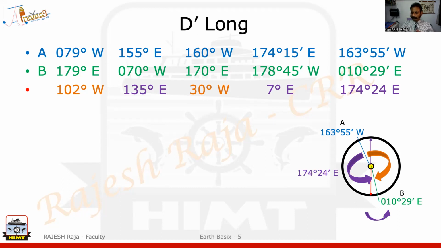I hope this was easy enough to understand, as I've seen that the majority of candidates make mistakes in DLong. For the last one, westerly is not possible because it's going to be slightly more than 180; you've got one angle which is 174, the other angle will be almost 186, so that is not okay.